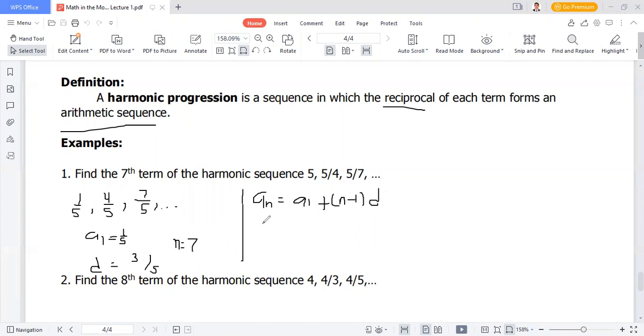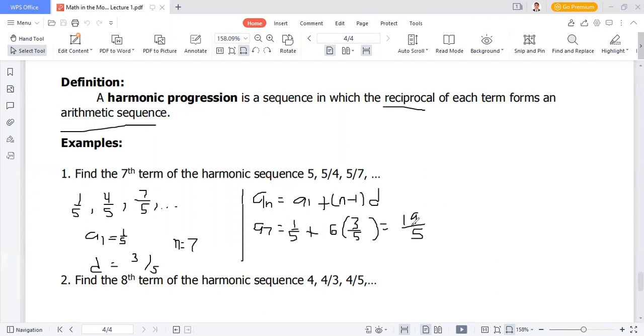So, ang a sub 7 is 1/5 plus 7 minus 1 or 6 times 3/5. So, ano yung a sub 7? 1/5 plus 18/5 magiging 19/5. So, hindi pa to yung sagot.